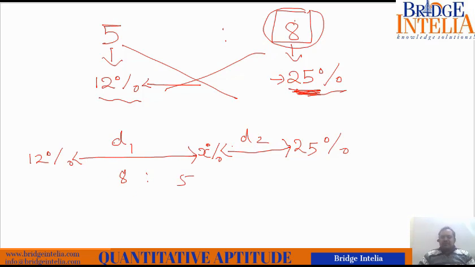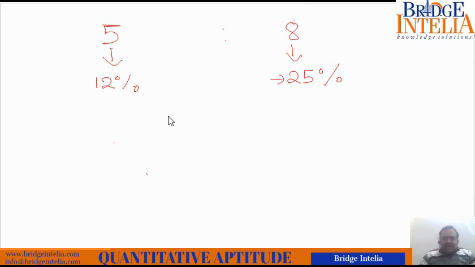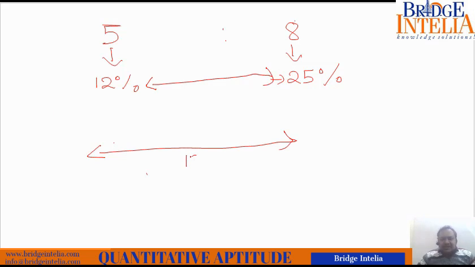So another way in which you could have solved this is somewhat like this. Another way of getting to the same answer could have been that first you understand what this total gap is. So this total gap is of 13 units. Now you have to divide this 13 units into two gaps which are in reverse ratio, 8:5. So 13 units, 8 parts this, 5 parts this.